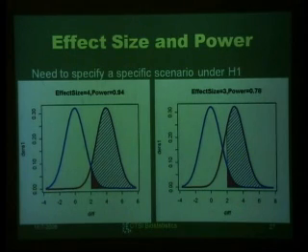Notice it's centered at 0. Now, if you look in this tail, that's your alpha of 0.05, the red piece under the blue curve. Now, the red curve is centered at 4, which is the effect size against which we are computing the power.